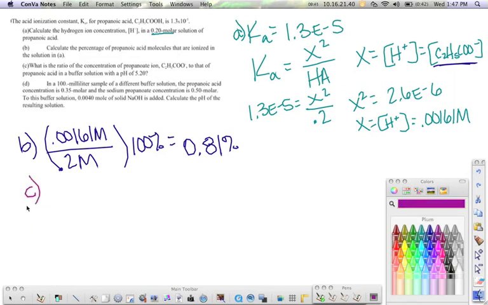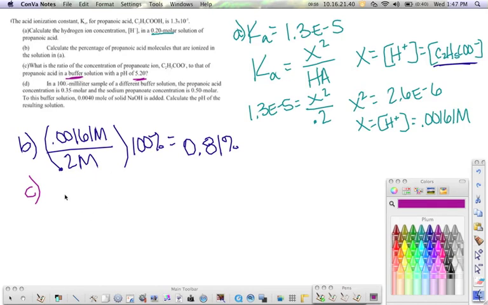C. What's the ratio of the concentration of the propanoate ion to that of the propanoic acid in a buffer solution with a pH of 5.2? Well, we know we have a buffer because we have propanoate ion and the propanoic acid together, which means it's a buffer.